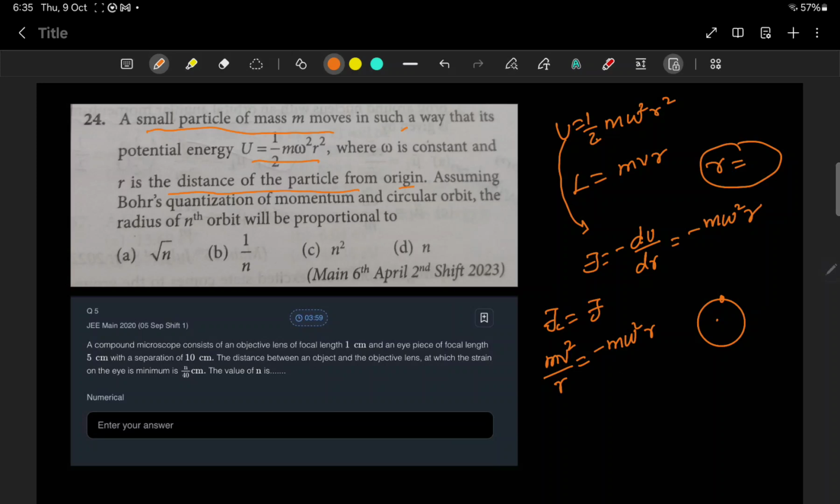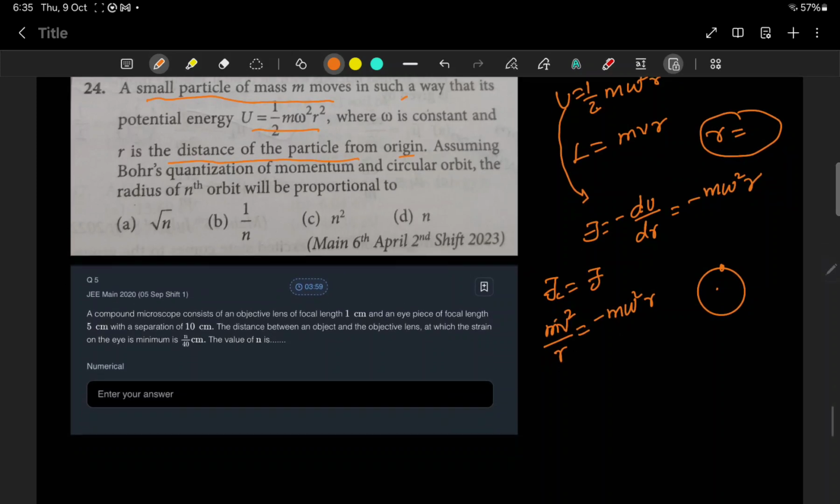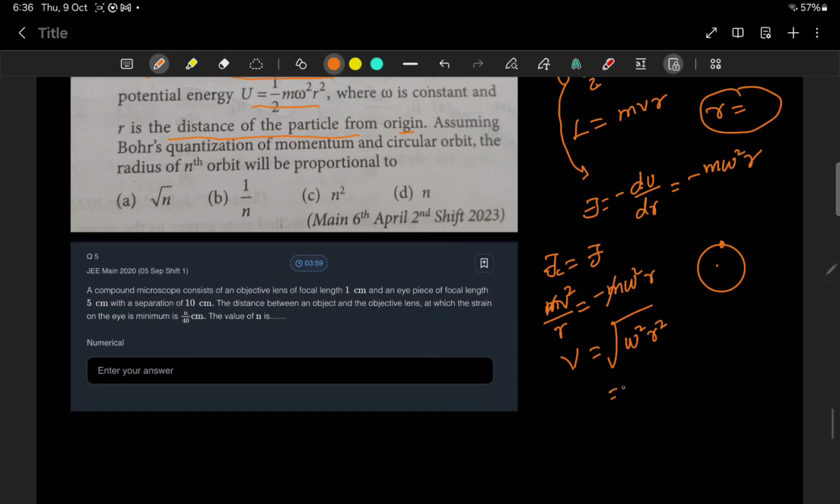Here, if you see, m and m can be cancelled. Your v square, or v, can be written as root of omega square r square. Okay, this is the value of the velocity. So we can write it as omega r. This is what the velocity is.